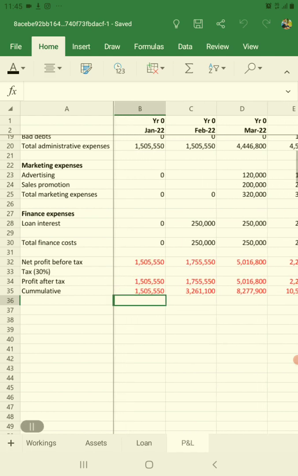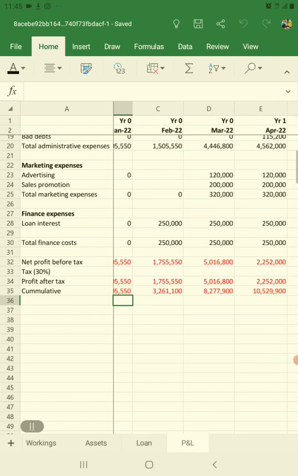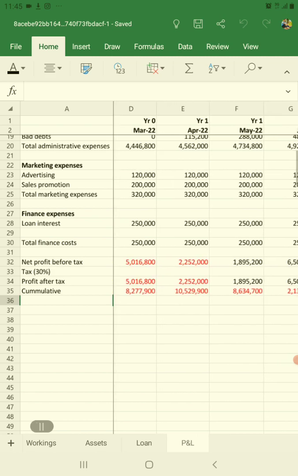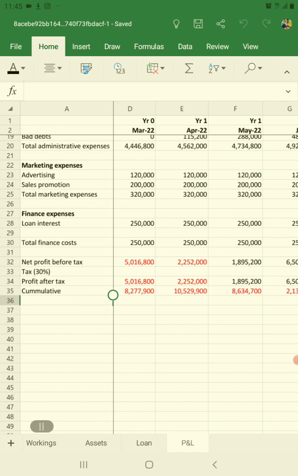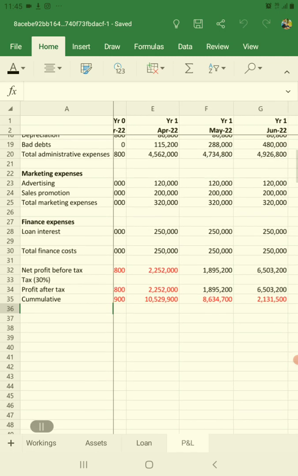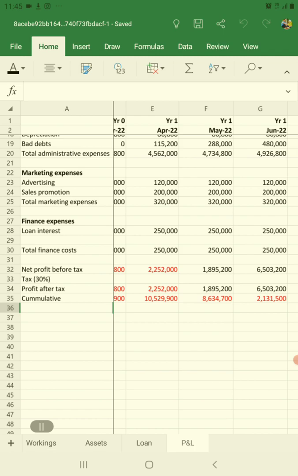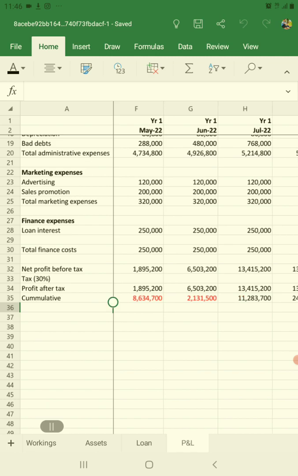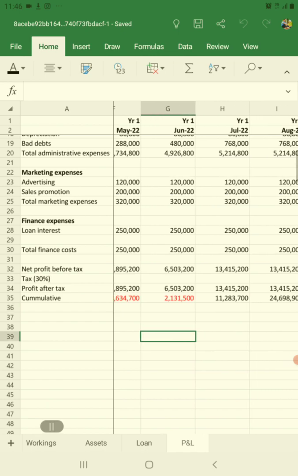In this projection we see we have a net loss up to April, and starting from May we've started to make profit, but it's not enough to absorb all the accumulated losses. We are left with 8.6 million accumulated losses. In June the accumulated loss is not yet extinguished, and we are left with 2.1 million cumulative losses, but in July it is extinguished.